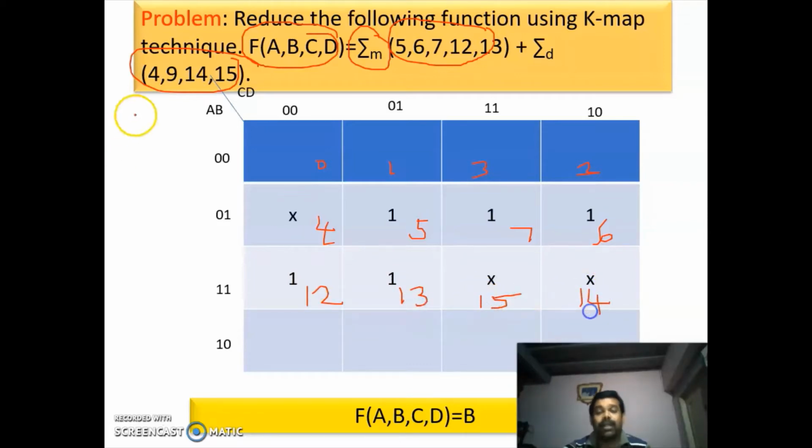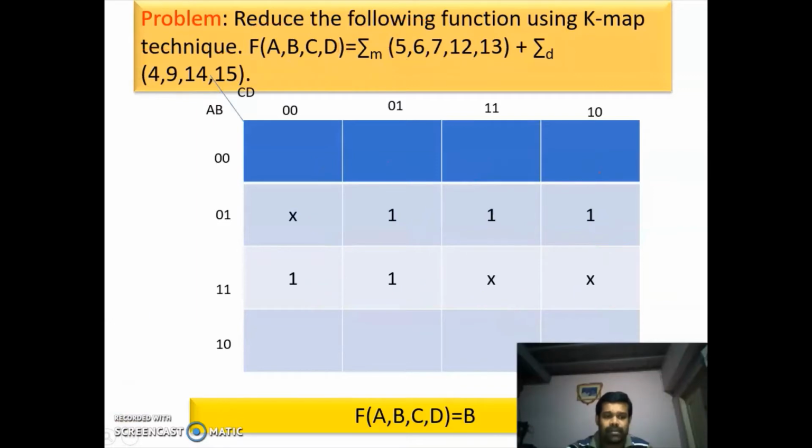We have plotted ones first, and for 4, 9, 14, 15 we have plotted X.